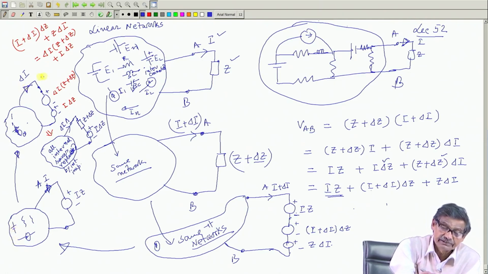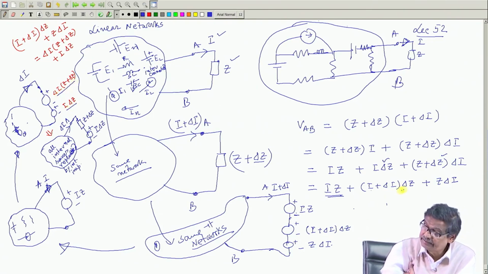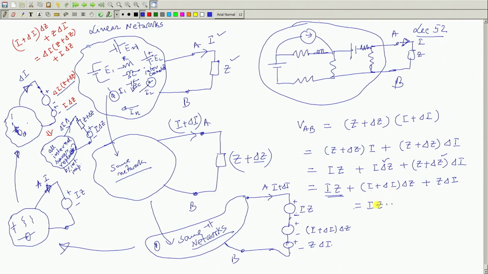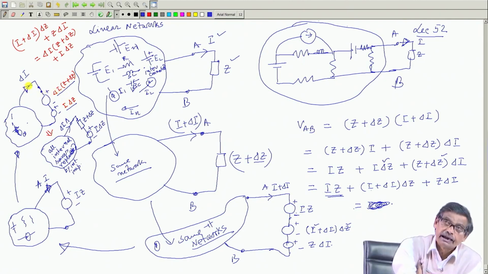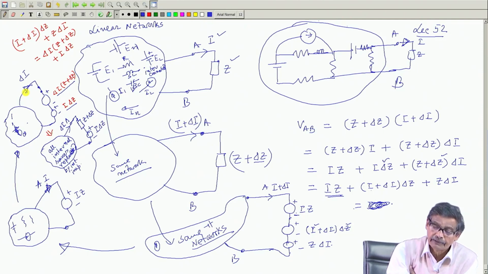Then this current must have been contributed by this term and this term, because this can be manipulated as I Z. I Z I have taken into account, I into delta Z is there, I into delta Z this term, and then delta Z plus this thing will give you delta I into Z plus delta Z. So with these two sources present, these sources must contribute delta I, that is why the superposition theorem is used.